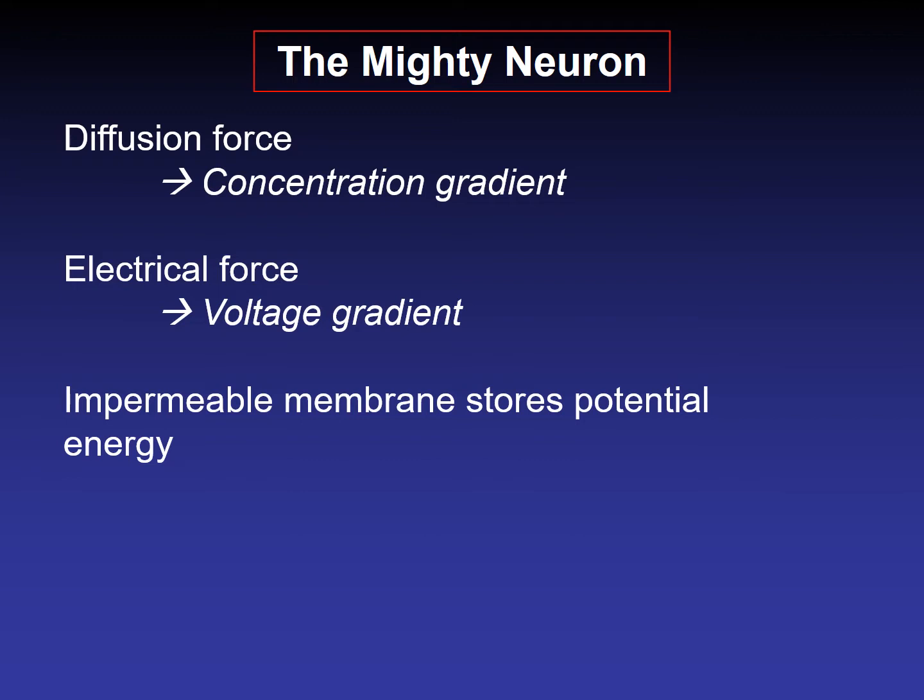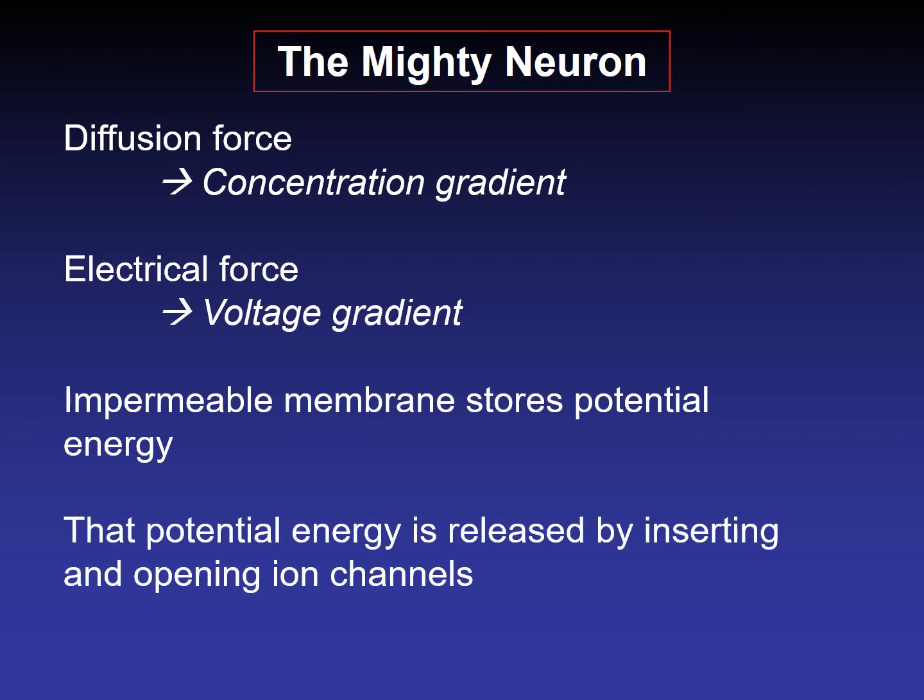Well, you can do that by inserting those ion channels into the membrane and opening those channels at select times. By inserting those channels, that potential energy is released by the opening of the ion channels.